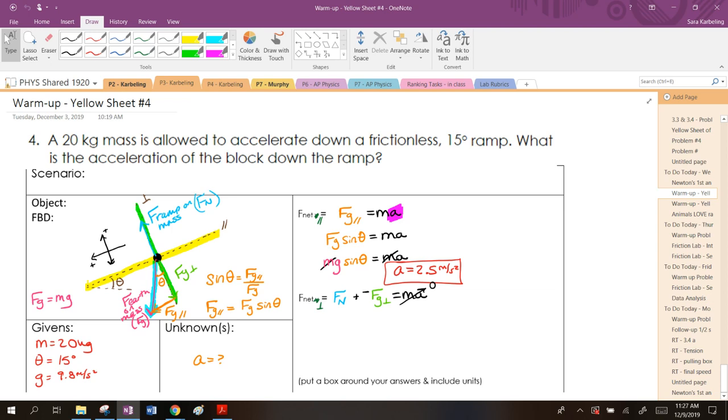And I like that, and I want you to understand how to do things, especially the hard problems, this way. But not all Newton's laws problems are going to look like this. Okay? So today we're breaking out of the box. We're starting to think about physics without putting it in a chart like this. That's what the intention of this is.